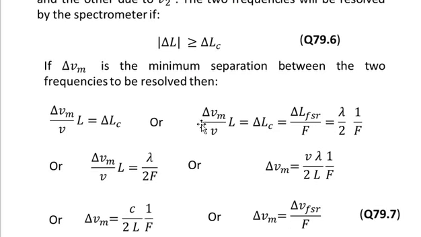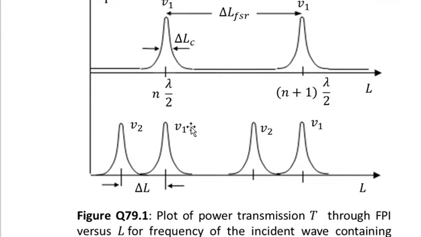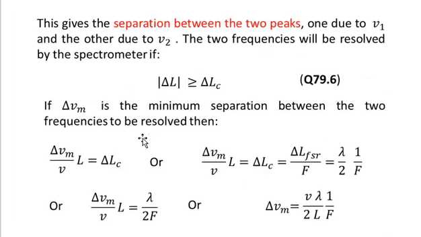Okay, now let's come to the minimum separation between the two frequencies. Here we are assuming that delta nu m is the minimum separation between the two frequencies, nu 1 and nu 2, to be resolved. So we are setting up delta nu m as the separation between these two frequencies such that they are resolvable by the interferometer.